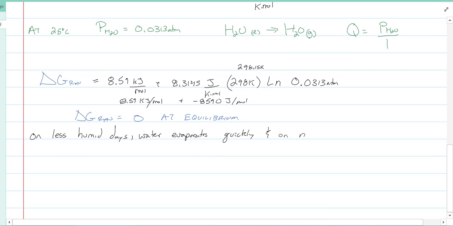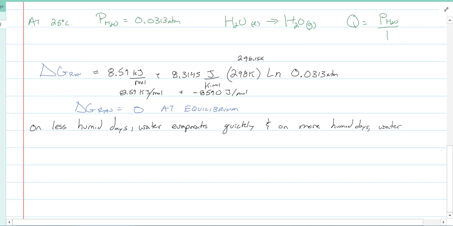And on more humid days, water evaporates more slowly. And if you ask why, it's the conditions.